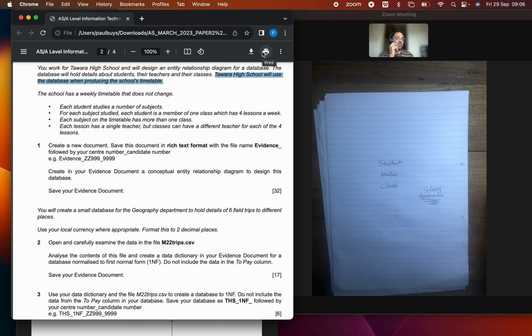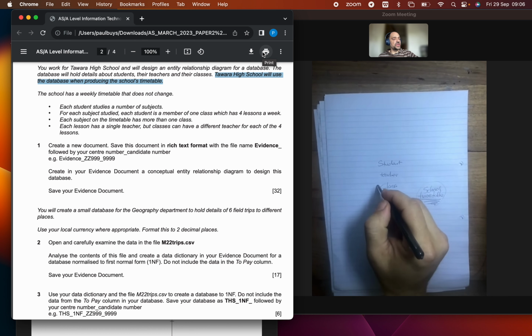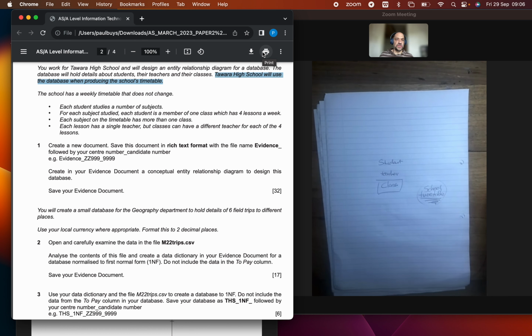They want to see not what every student is doing, that's too fine grained, or what every teacher is doing, but rather an idea of which class is running at each moment. From that, they can figure out which teacher's teaching and which students are there. So the overview is the class. If you're thinking about a school's timetable, we're going to start the diagram with the class. That's what's interesting to the school.